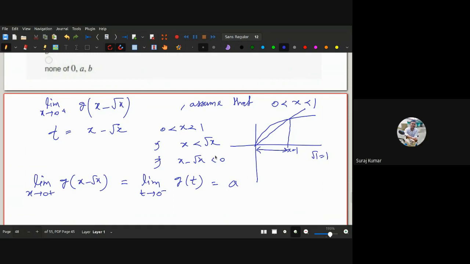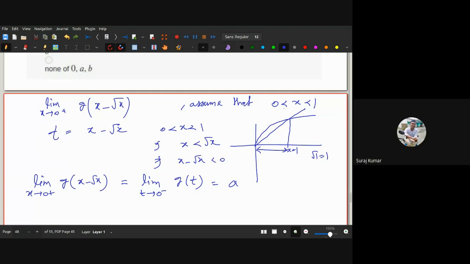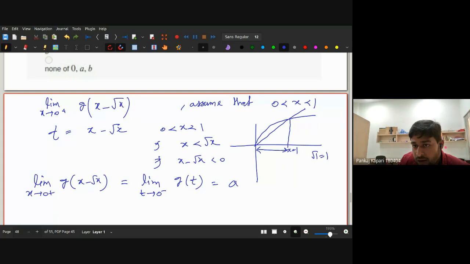X, 0 to 1, close रहना रहेगा सर, x equal to 0. Yes, I am taking x between 0 and 1.